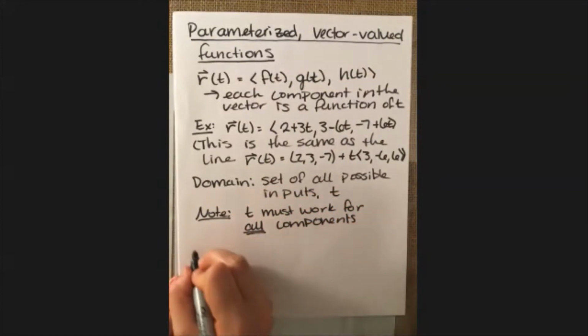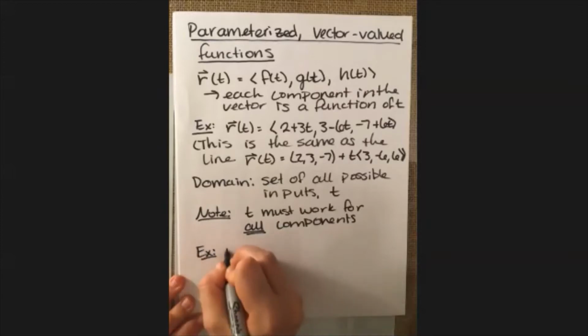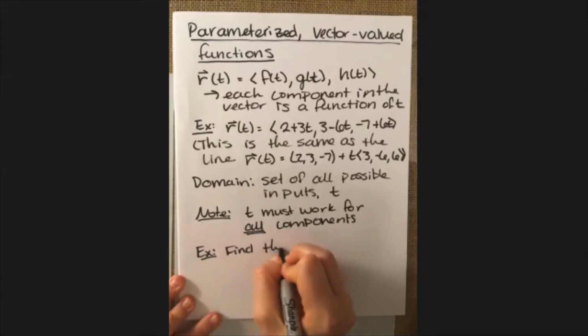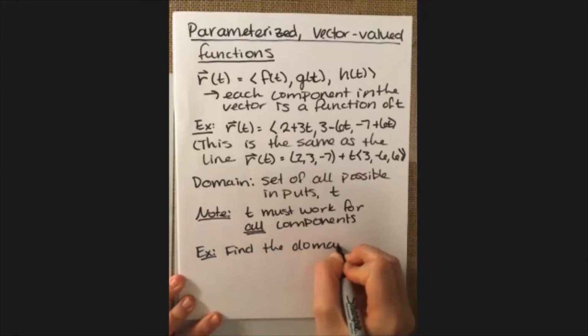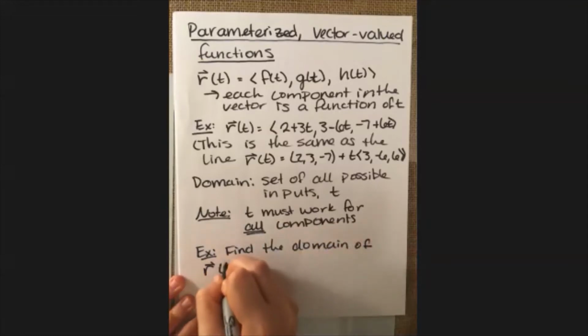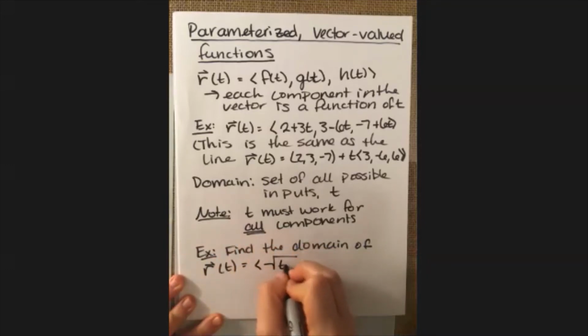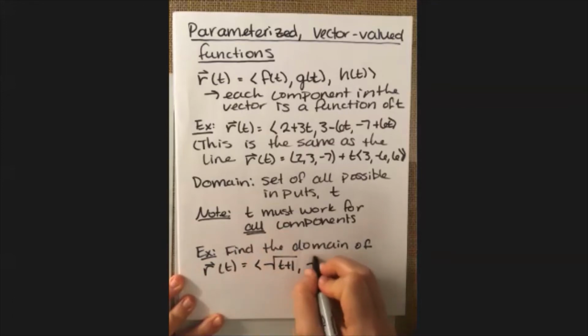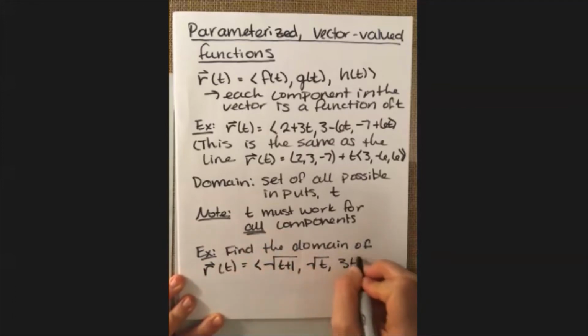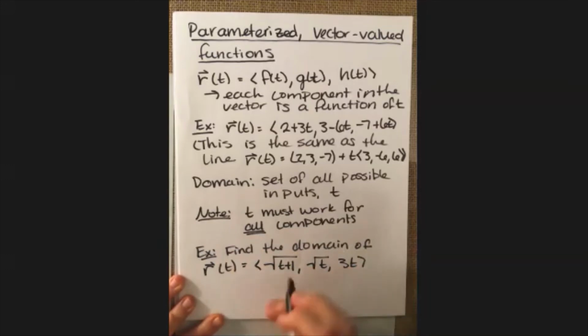So quick example here, if we find the domain of r of t equal to, say, square root of t plus 1, square root of t, and then 3t, we can think about each of these components separately. This one right here would have a domain of t greater than or equal to negative 1, because we need the inside of this to be greater than or equal to 0.